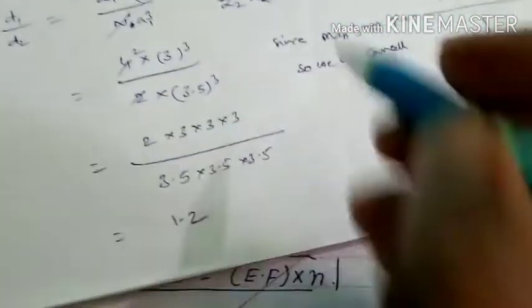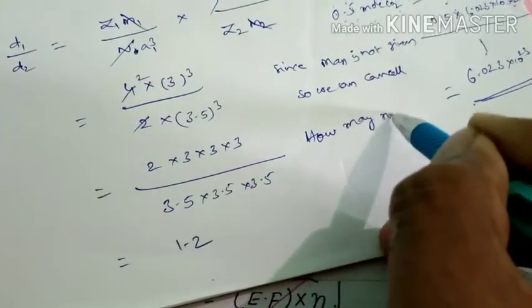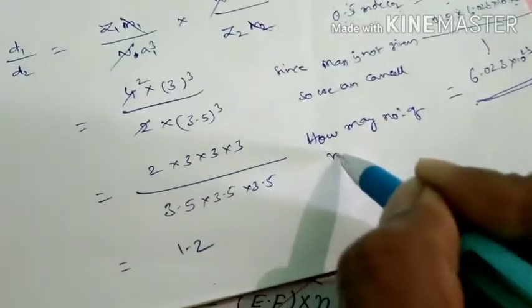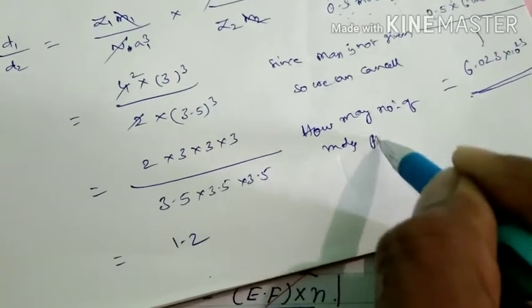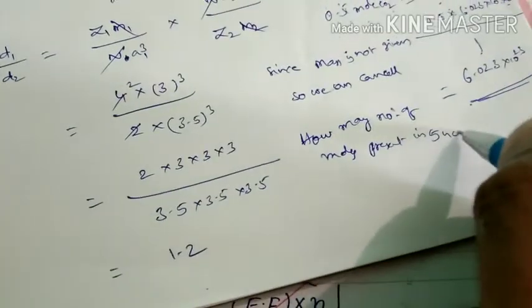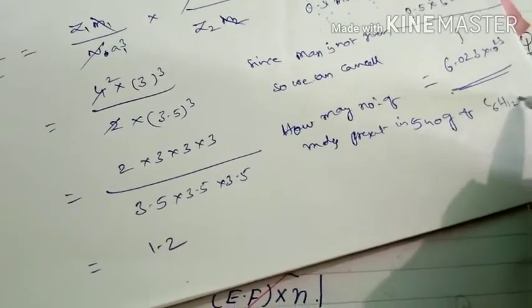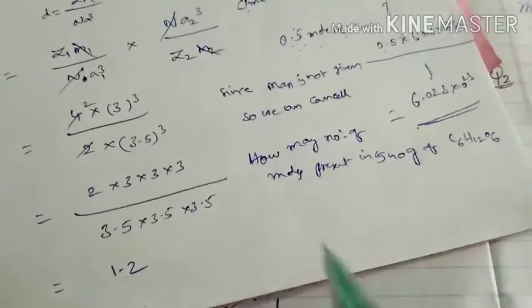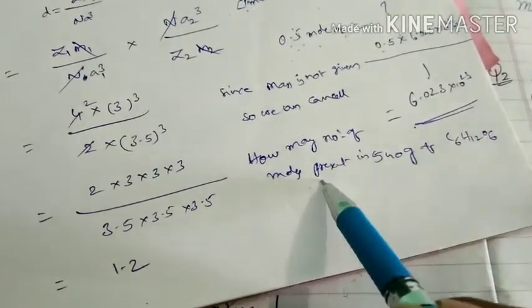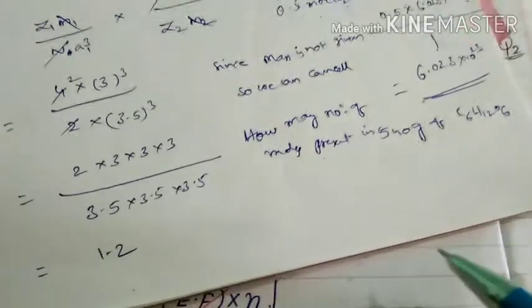See, the question is: how many moles are present in 540 grams of C6H12O6?